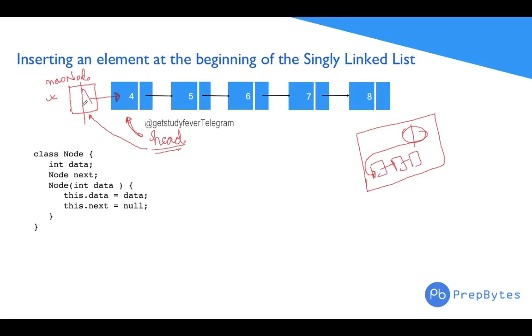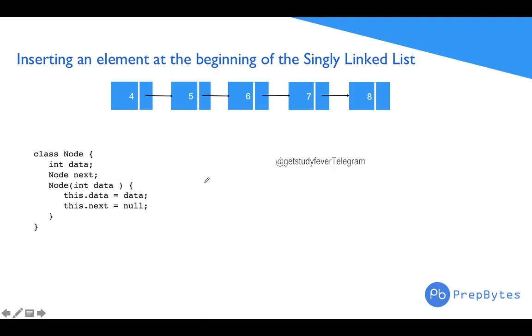If we have to write code for this, how are we going to do it? The very first thing is to create a new node. How do we create a new node? We write Node newNode = new Node, and we also have to pass the data. Here we have created a constructor.